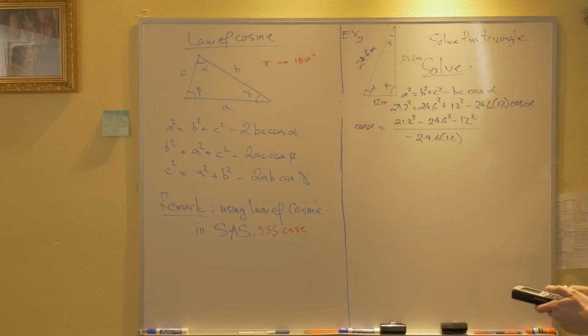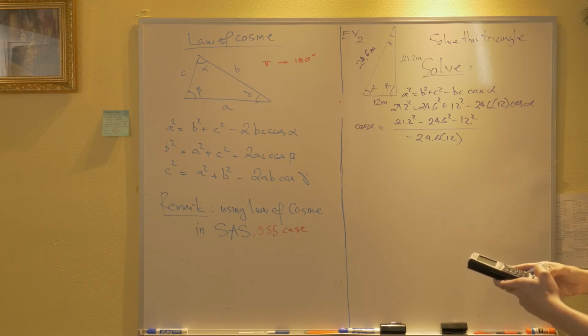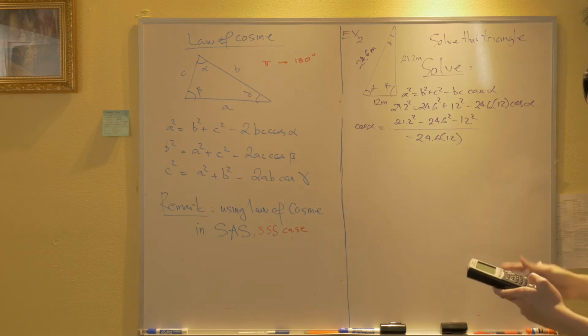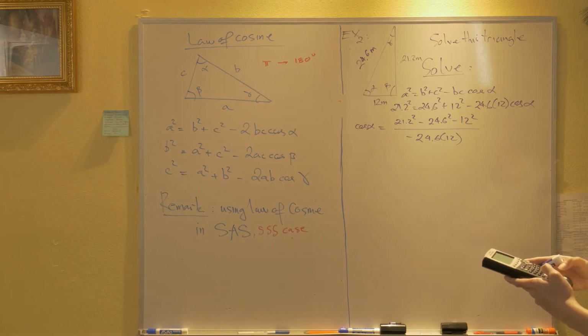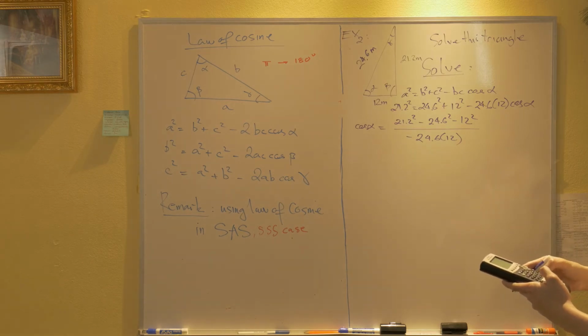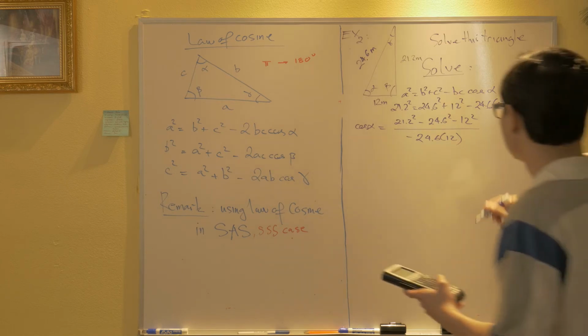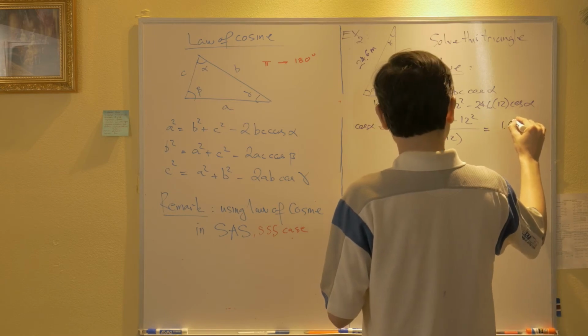So I will have 21.2 squared, minus 24.6 squared minus 12 squared, divided by 24.6 times 12, close. That gives you a positive 1.01.